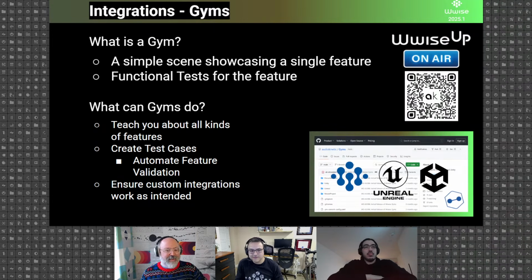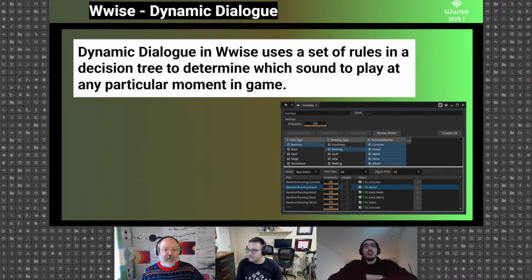Awesome. Cool. Moving swiftly on, let's talk about dynamic dialogue. This is a feature that we brought to our Unreal integrations, and just giving you a high-level picture of that up front. Dynamic dialogue in Wwise uses a set of rules and a decision tree to determine which sound to play at any particular moment in the game.